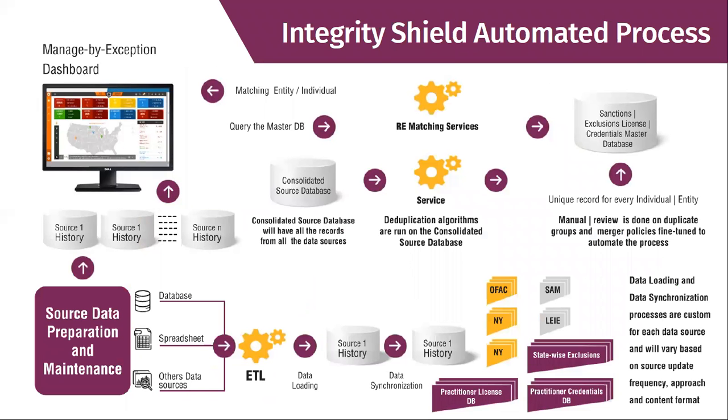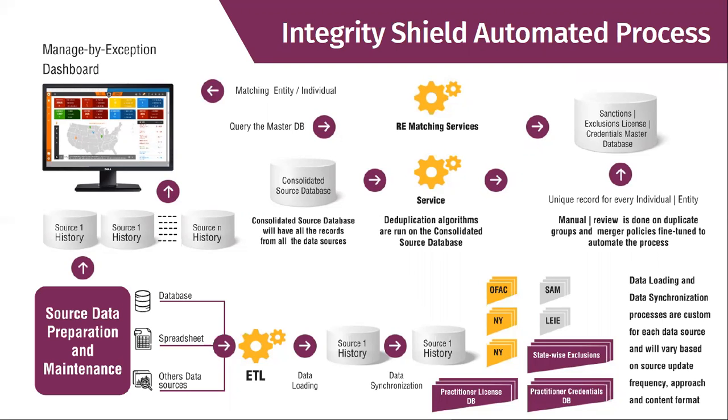I'm not going to go into this pictorial too much, but like I mentioned, we're looking at all the state-wide exclusion databases, all these federal databases, and the practitioner license databases, and comparing that to the provider credential database you've provided us, or the ecosystem database.